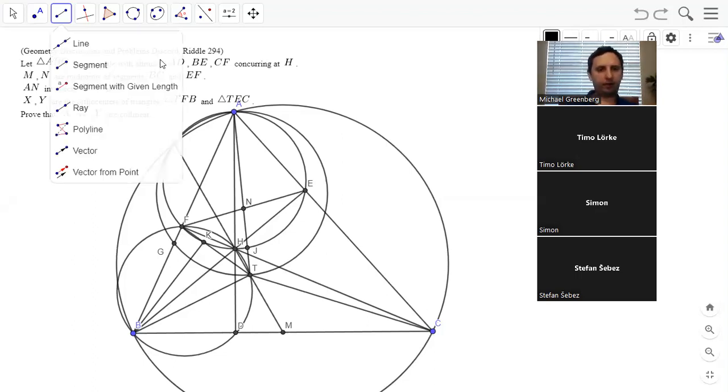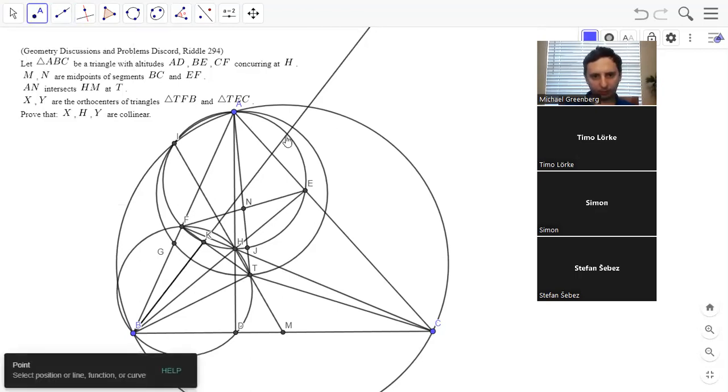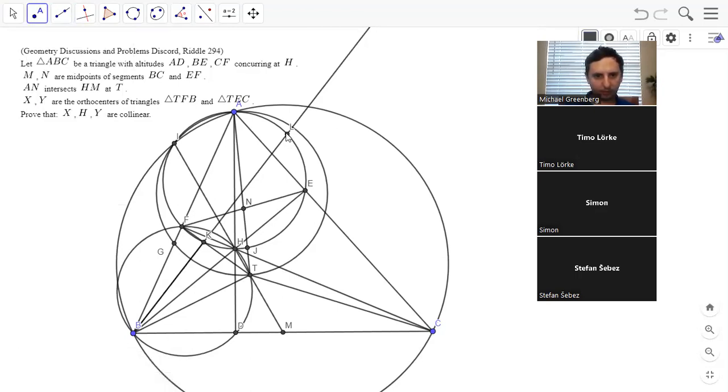I almost feel like this looks a little awkward. I feel like I want to extend BK to meet the circle or something. And I wonder if there's something special about this point.